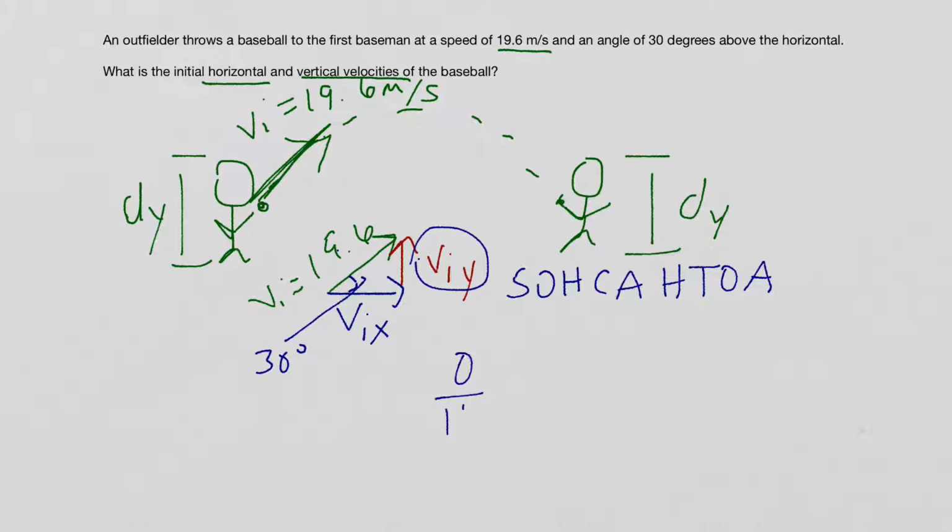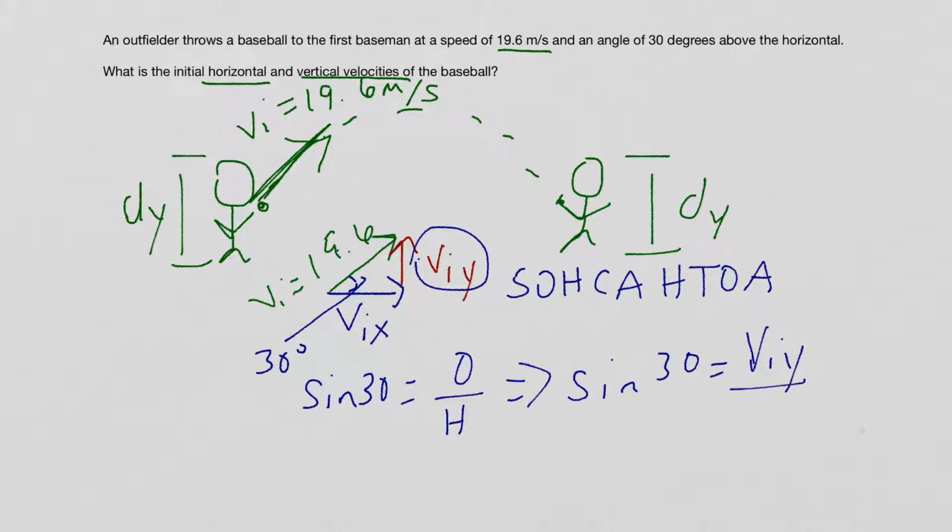Opposite over hypotenuse is the sine of theta. We plug things in, so sine of 30 is equal to the opposite, which is VIY, over the hypotenuse, which is 19.6. So then we have 19.6 sine 30, and that's going to get us 9.8 meters per second.